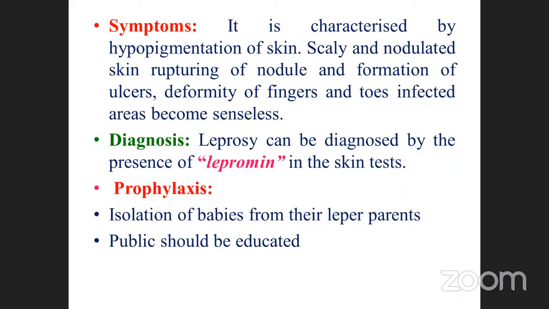What are the symptoms? It is characterized by hypopigmentation of the skin. Hypo means reduced pigmentation, and hyper means increased pigmentation. Scaly and nodulated skin, rupturing of nodules and forming of ulcers, just like a wound.